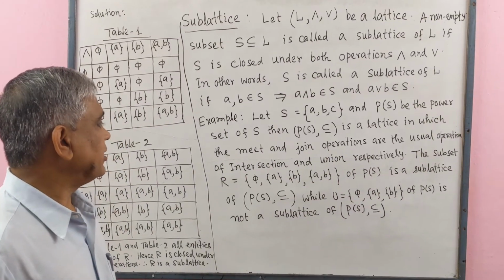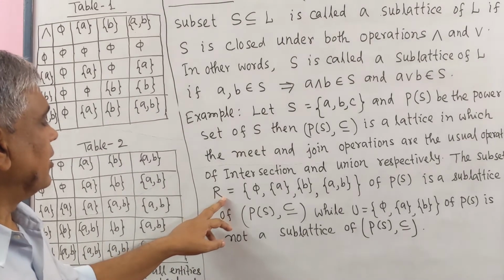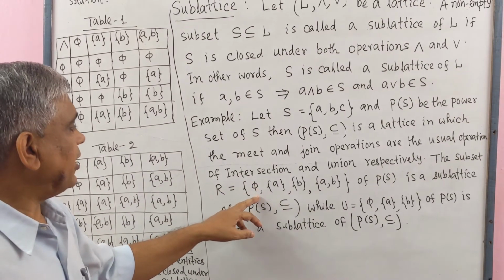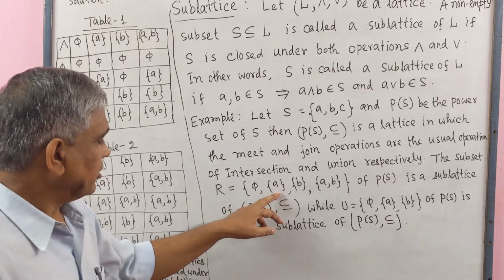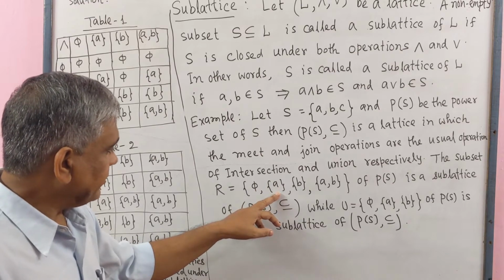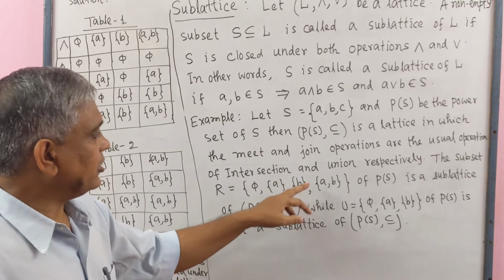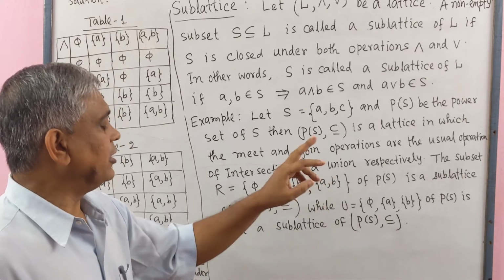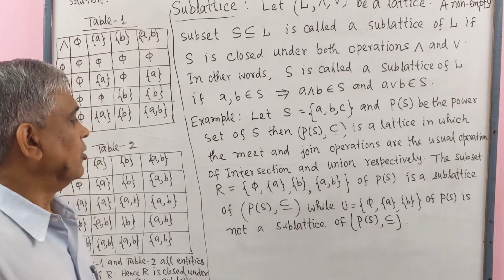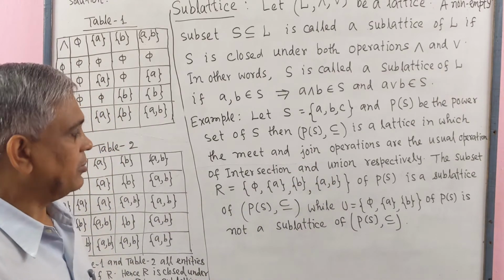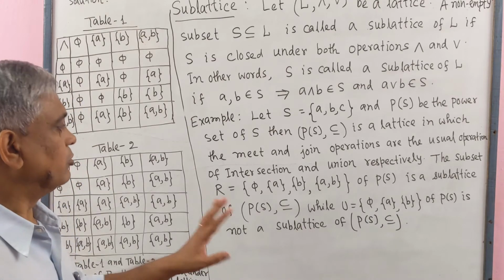The subset R containing elements phi, {a}, {b}, {a, b} of P(S) is a sublattice. Now we will show this.